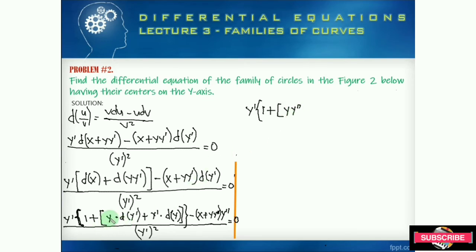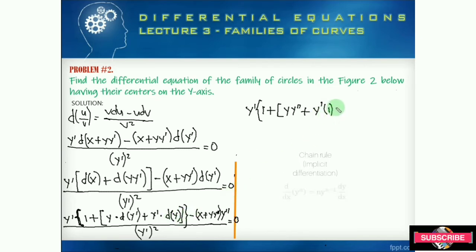So y times the derivative of your y prime, so y times y double prime, plus y prime times the derivative of your y. The derivative of your y is just simply 1, but you are going to differentiate this one implicitly.